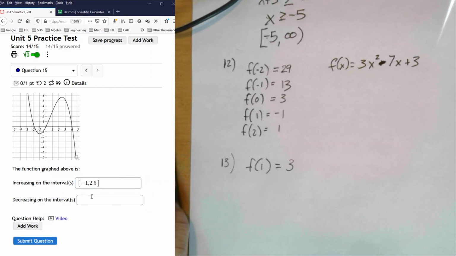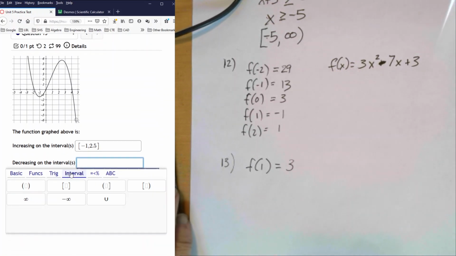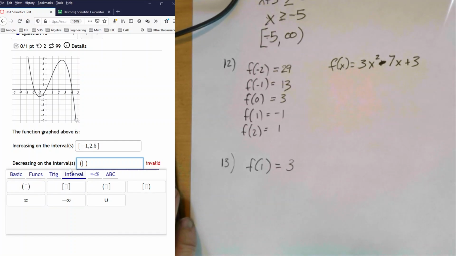Okay, and the decreasing intervals. Well, the decreasing intervals, on the left side, this graph keeps going. So this is going to be from -infinity to -1.